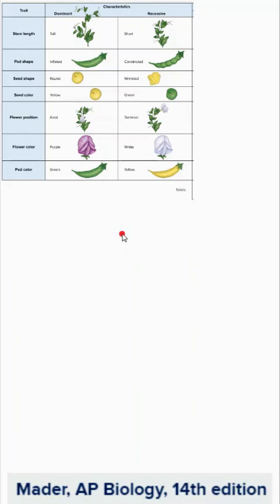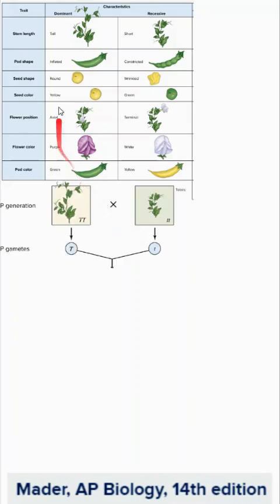Again, with Mendel, he has these initial pea plants whose breeding and production he's really controlling. So he has what we call the P generation, or the purebred generation. Over and over, tall only gets tall, and short only gets short.